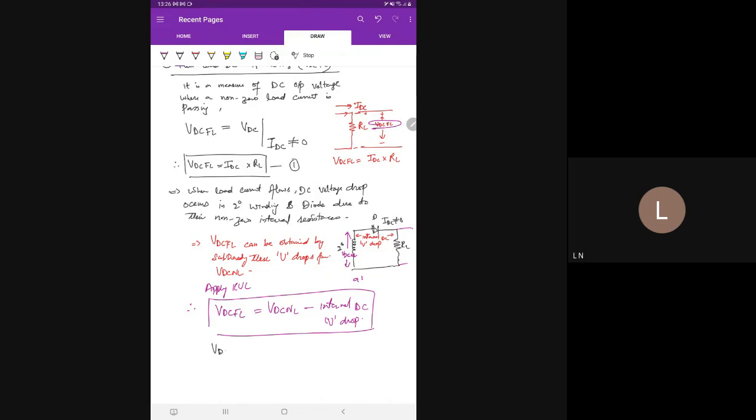What is the internal voltage drop? It is IDC into the resistance of the diode.